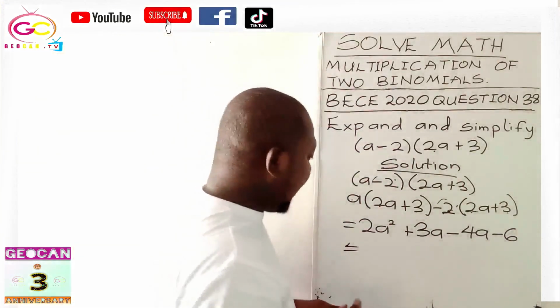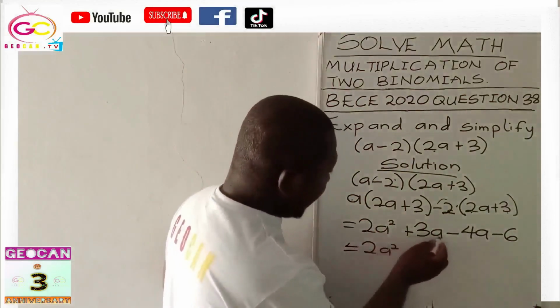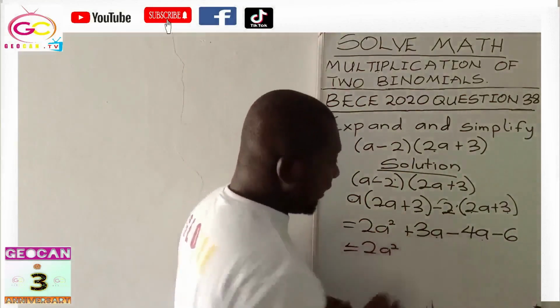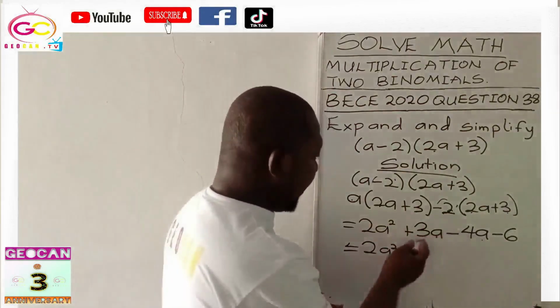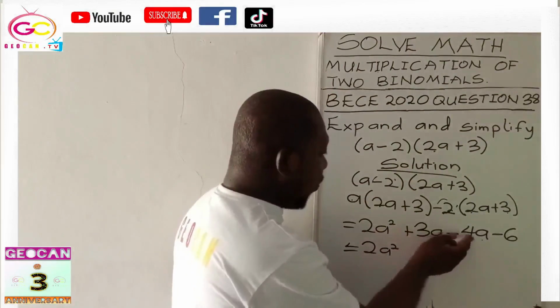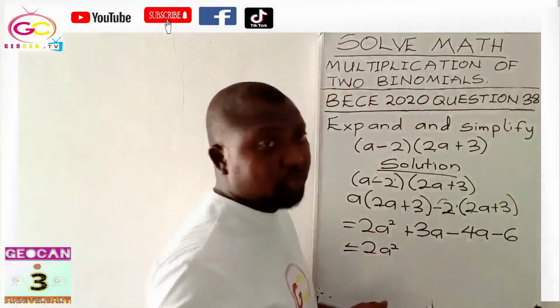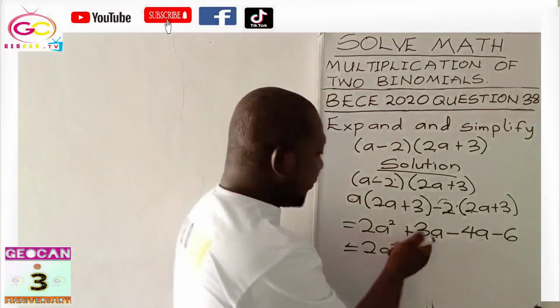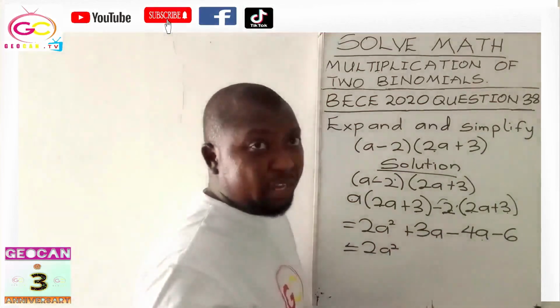So it's equal to 2a squared plus 3a minus 4a minus 6. Let's solve like terms together, if indeed there are like terms. We have 2a squared. Here, yes, we have like terms: this with an a, this also with an a. So 3a minus 4a: you have 3, then you borrow or owe 4. Practically, you will still be owing. How much will you be owing? Just take the 3 you have from the 4 owed, so you'll be owing 1.